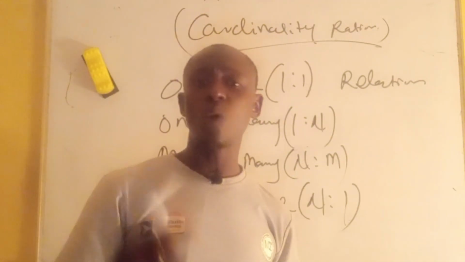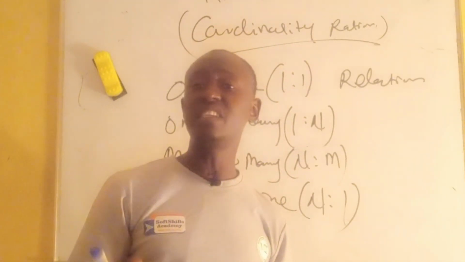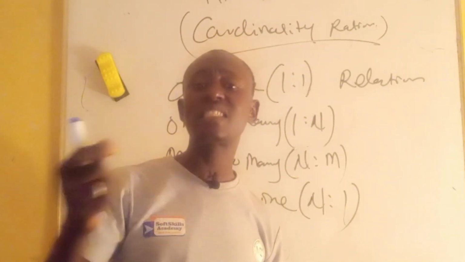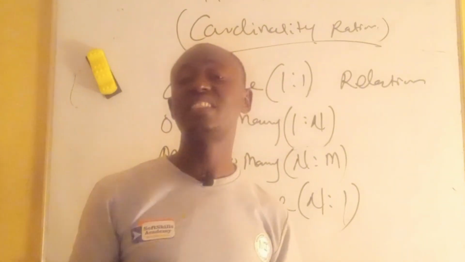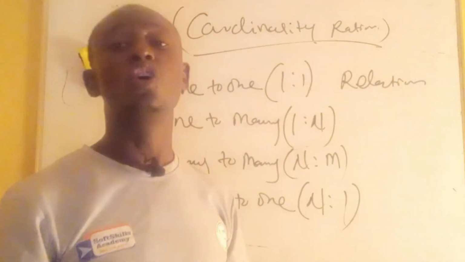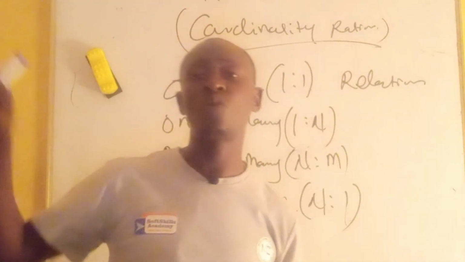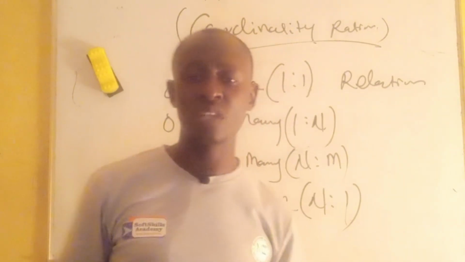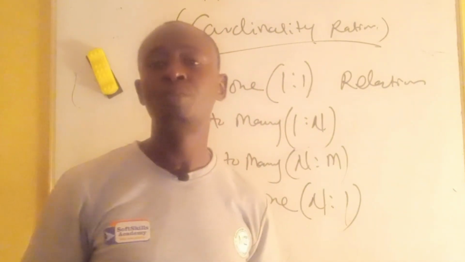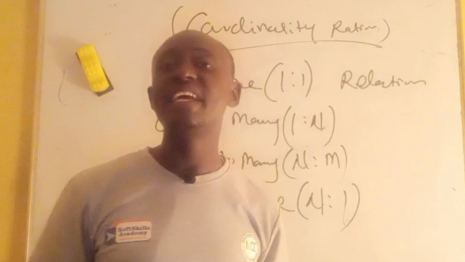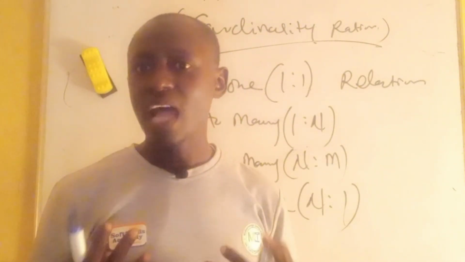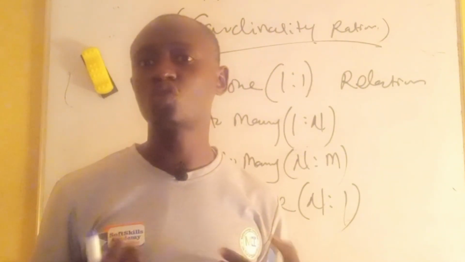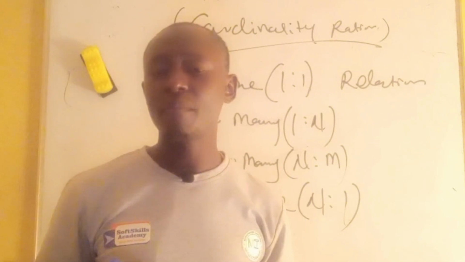When we talk about one-to-many relationship, this means that each instance of one entity set can be associated with many instances of another entity in another relationship. Example, one customer can place many orders. I can buy products on AliExpress.